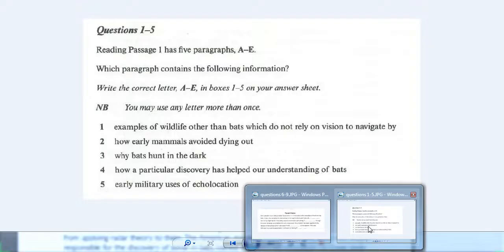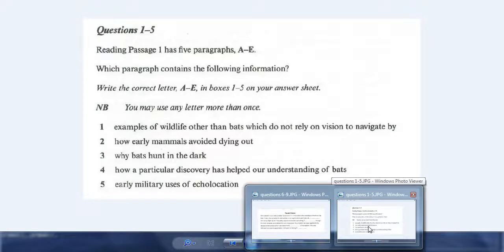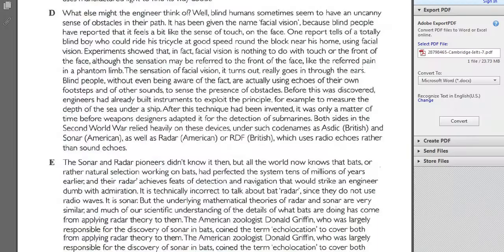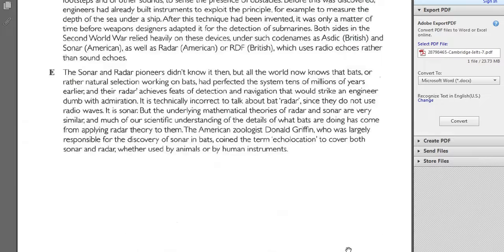Okay, let's look at another one. Here's one. How a particular discovery. Discovery is a pretty key word here, I would say. Discovery really stands out to me. And I remember that when I got the overview, I saw this exact word, discovery.